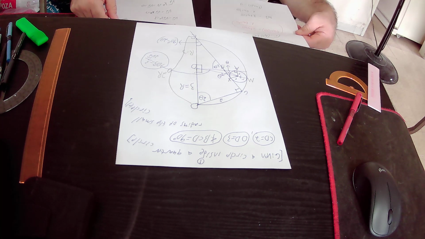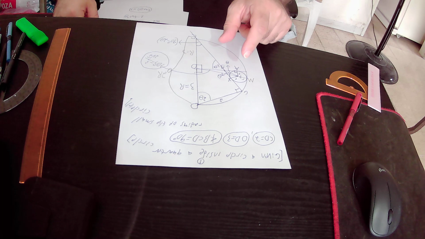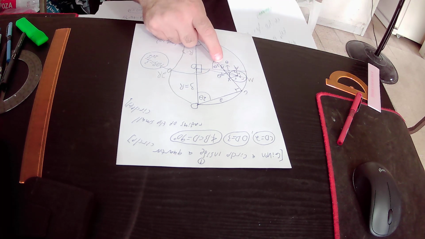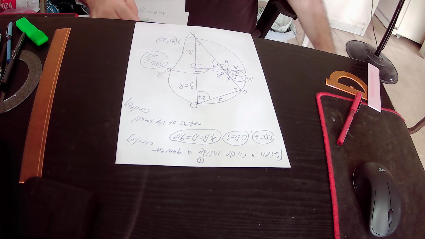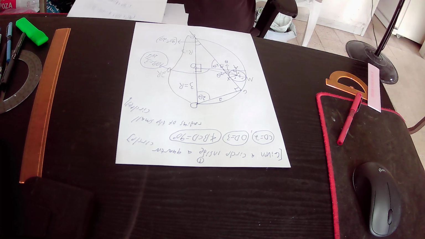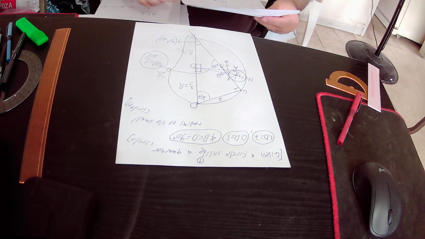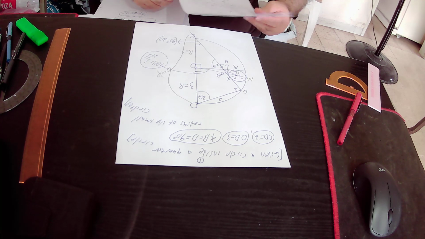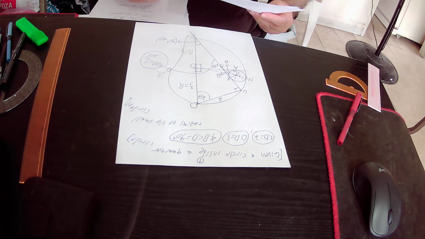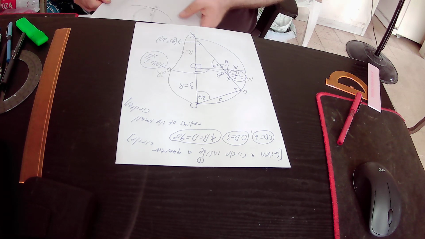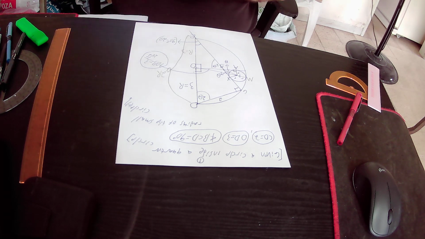And then we join together points P and B by a straight line, and we define the angle ABP as theta.